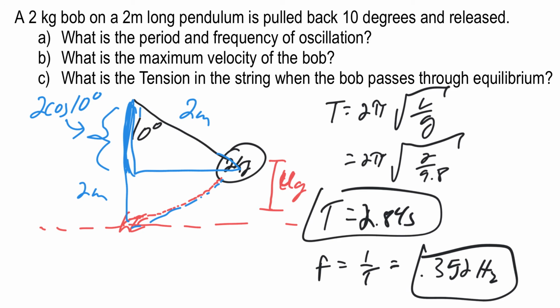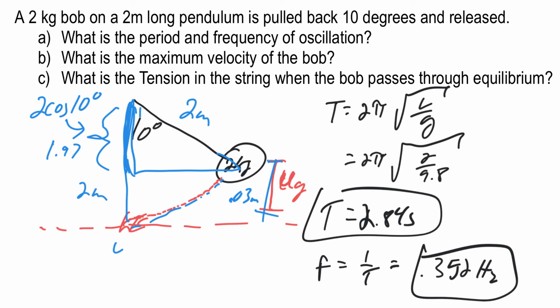Oops, I'm still in radians mode from a previous problem. So make sure you're back in degrees mode. So we're going to go 2 cosine of 10, 1.97. Wow, it's not much at all. So that means the height here, we'll just subtract 1.97 from 2. So it's going to be 0.03 meters.